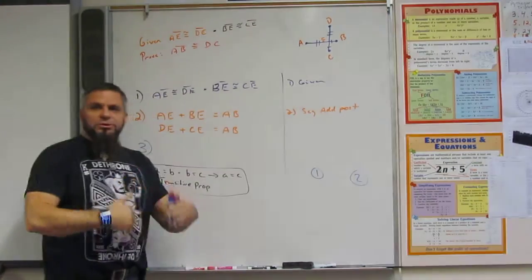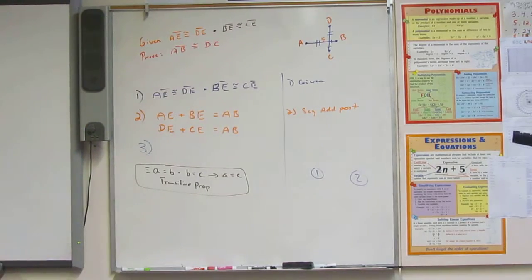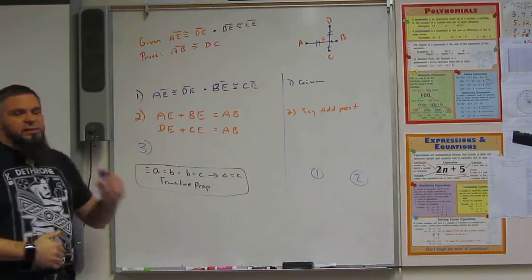So when we're looking at the flow chart, 1 and 2 are separated. They're not together. Okay? Now, with 3, I've got to see where I'm going here.